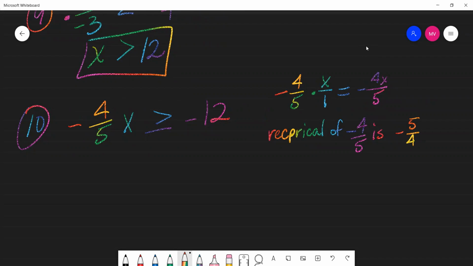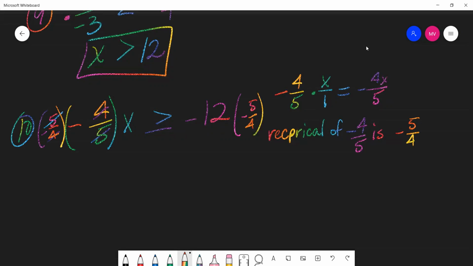So you could just multiply both sides by -5/4. If you do it this way, you see that you've got a 5 in the numerator and 5 in the denominator, and a 4 in the denominator and a 4 in the numerator, so they just become 1. And a negative times a negative is a positive. So it becomes 1x. You just have to then multiply -12 by -5/4.